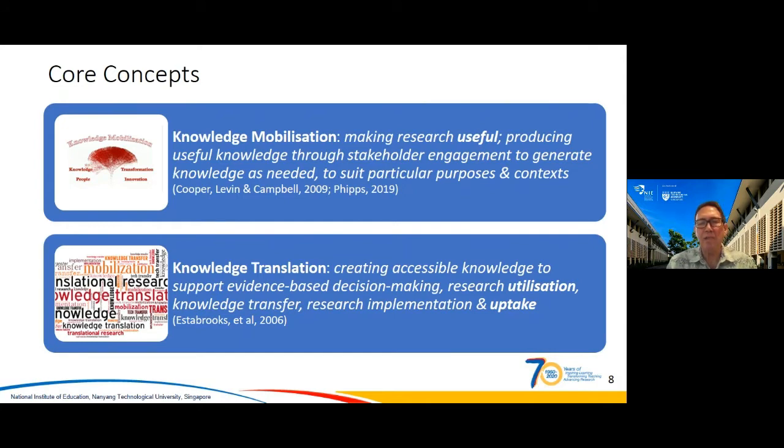Knowledge translation is, again, creating accessible knowledge to support evidence-based decision making. So it's a focus on the utilization and uptake of the research knowledge. So better understanding those translational processes and how we can make some of the research knowledge more practical and usable is core to this idea.